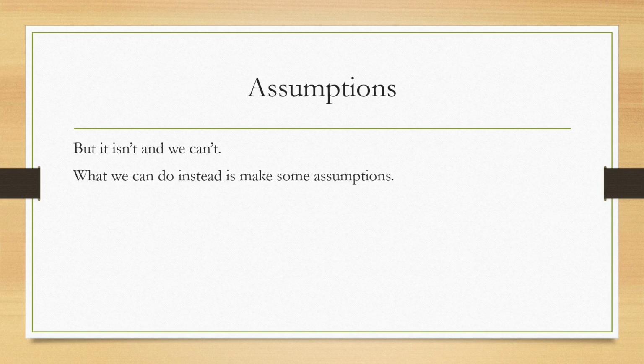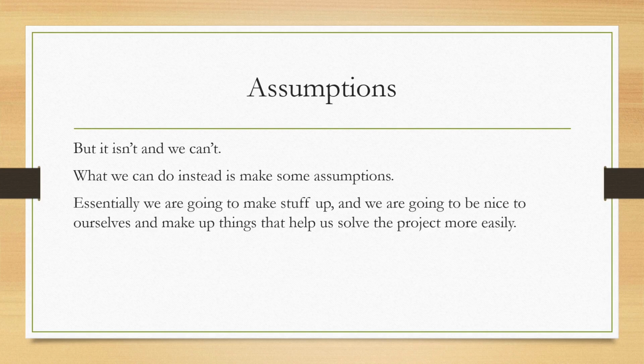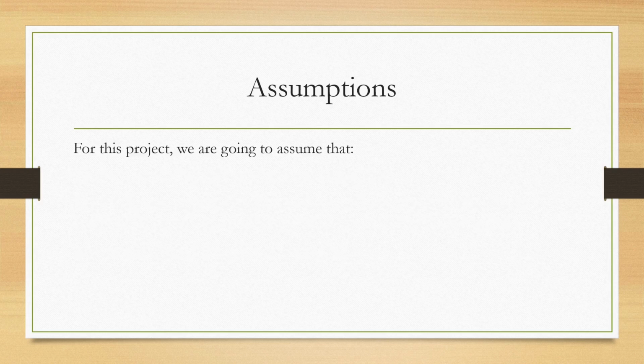So what we can do instead is make some assumptions. So essentially we're going to make some stuff up. And we're going to be nice to ourselves and we're going to make up things that help us solve the project more easily. We're going to take away our problem by assuming some things about our situation. And we're going to call these things assumptions.